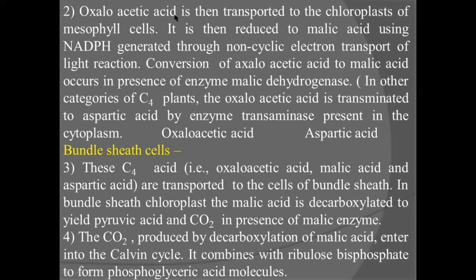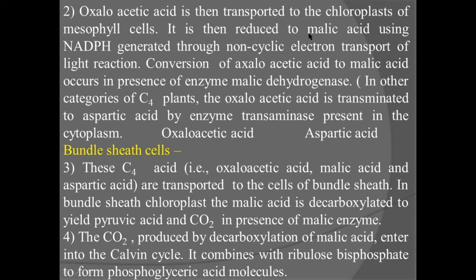Now the oxaloacetic acid, the 4-carbon compound formed, is then transported to the chloroplast of mesophyll cell.